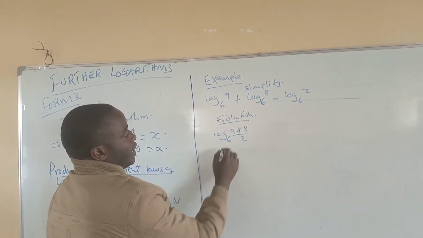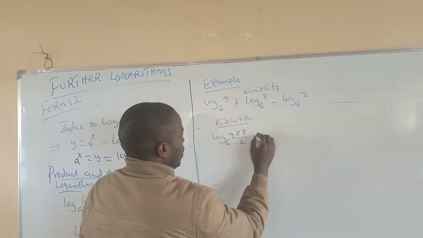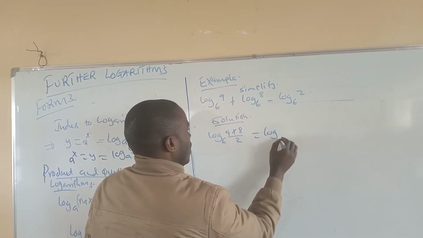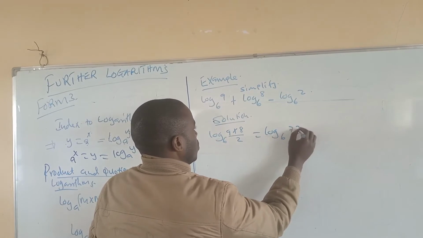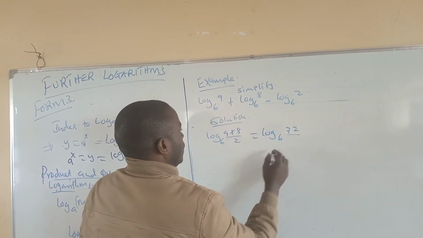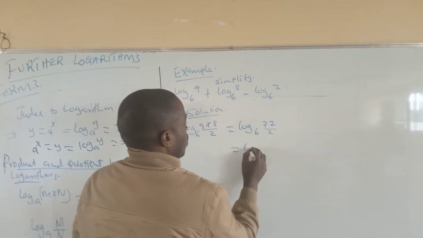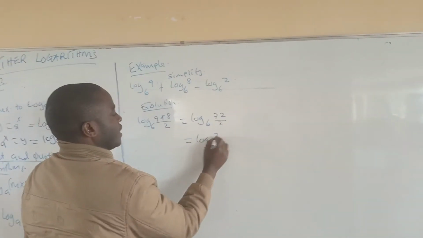This will give you log of 72 all over 2, which is equal to log 6 of 36.